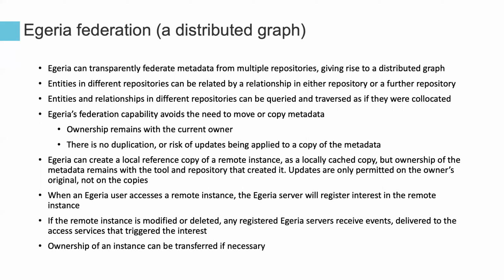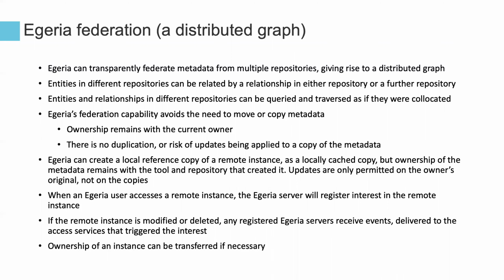So what Egeria does is it allows us to federate metadata from across multiple repositories, and it does that transparently. We'll talk about that a bit more in a moment. But the key point I wanted to make here is this gives rise not just to a graph, but to a distributed graph. So the vertices and edges that we're dealing with when we look at those instance graphs and the topology graphs, etc., are not all vertices within a single graph repository.